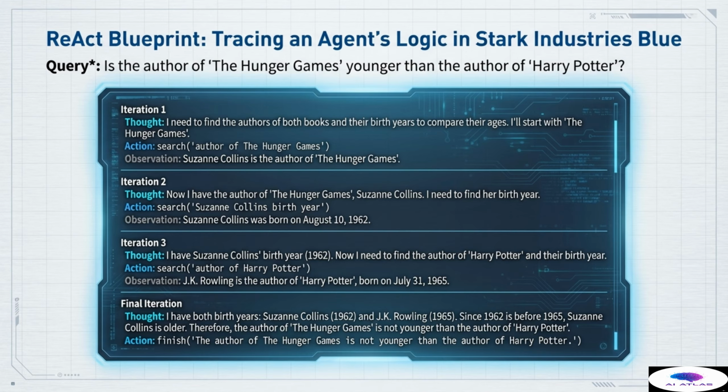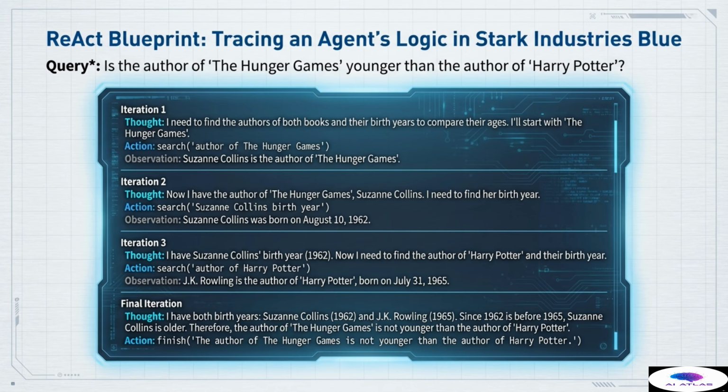Iteration 3 shifts focus, as the thought acknowledges the first set of data is complete and attention turns to the Harry Potter author. The action searches for the second author and their birth details, resulting in the observation that J.K. Rowling was born on July 31, 1965. Finally, we reach the final iteration.